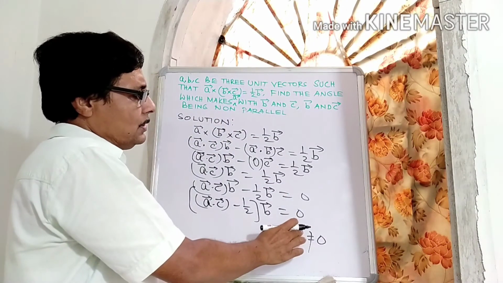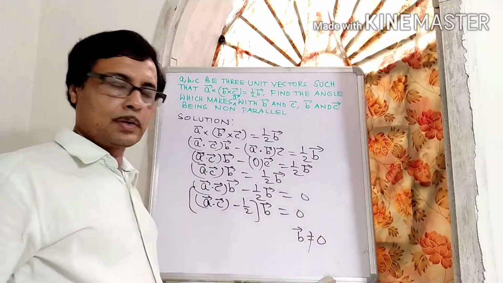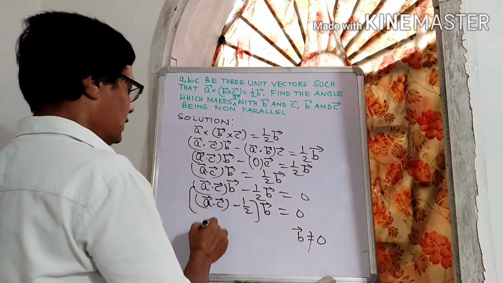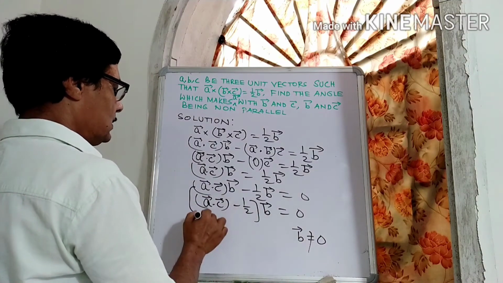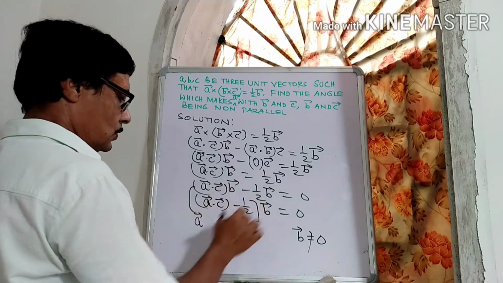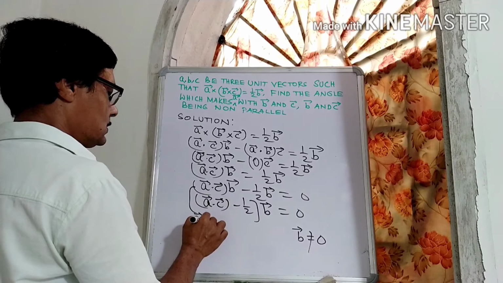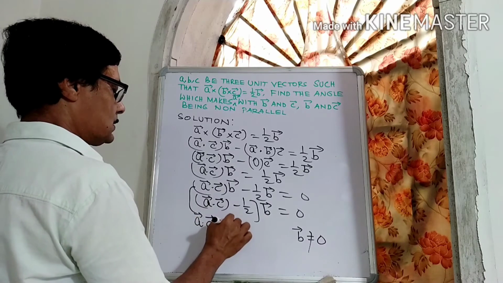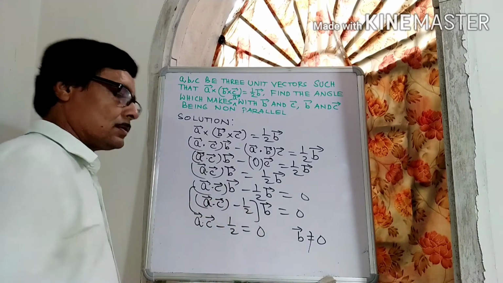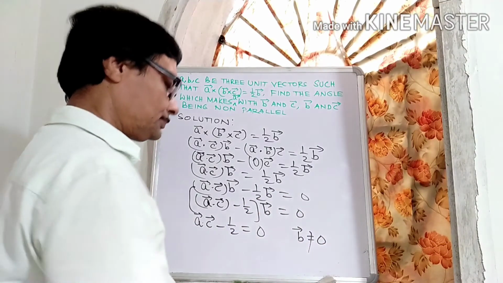So B vector cannot be a zero vector. So the other factor, that is the coefficient of B vector, A dot C minus half, is also 0, as B vector is non-zero.